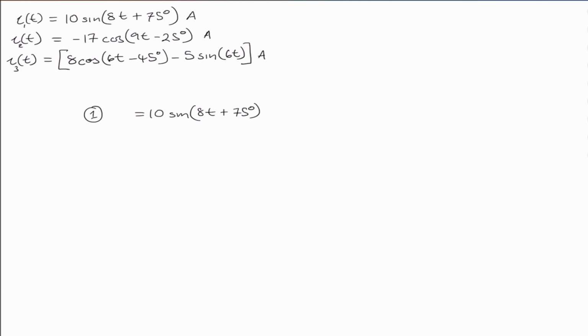So we would have to use the trig identity: cosine of x is equal to plus or minus sine of x plus or minus 90. We see that we have a positive sign, so we subtract 90. So we end up with a cosine of 8t, subtract 90, we get minus 15.